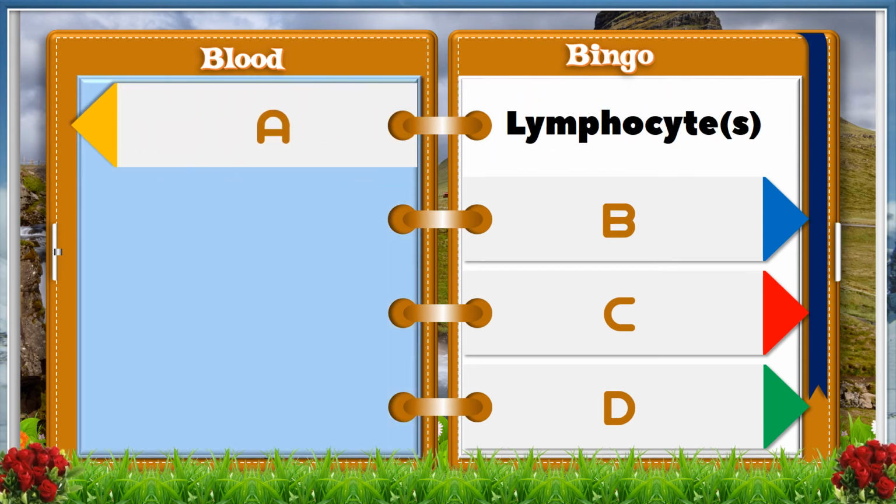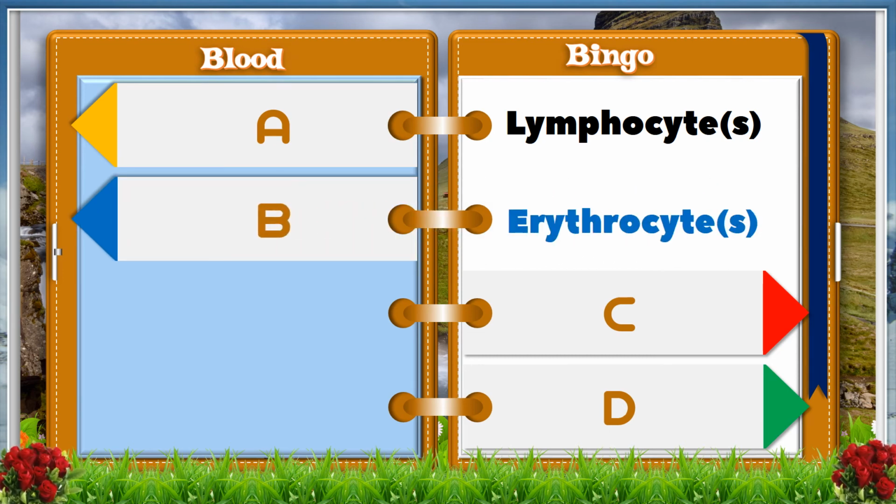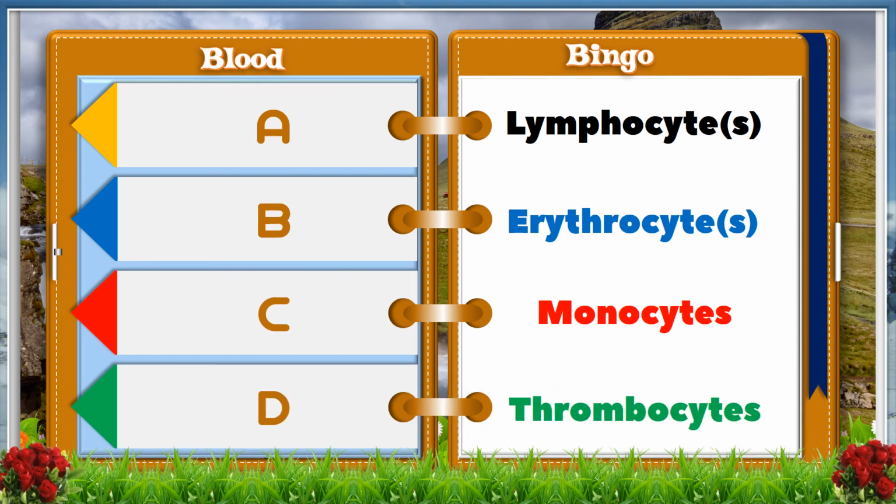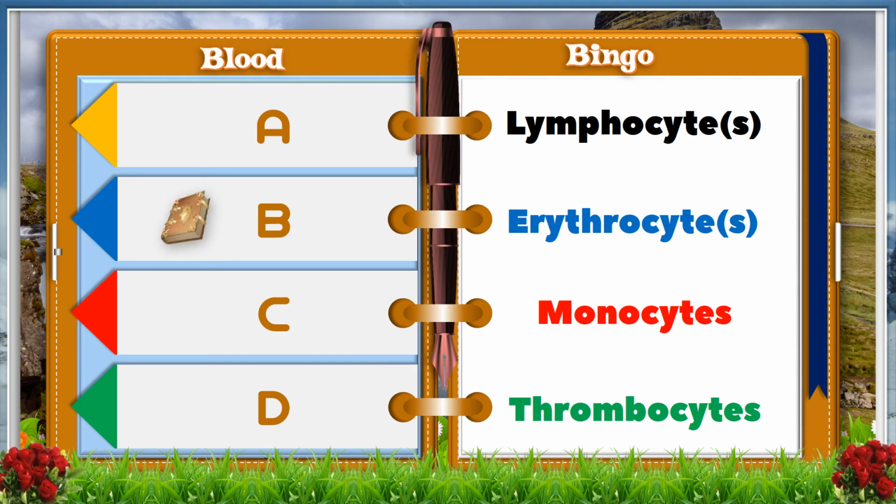A. Lymphocytes. B. Erythrocytes. C. Monocytes. D. Thrombocytes. And the answer is B. Erythrocytes.